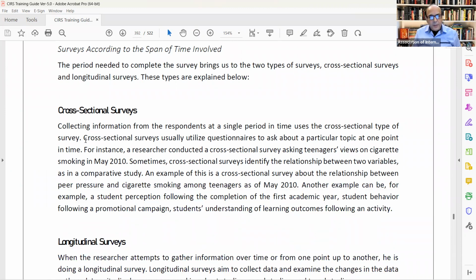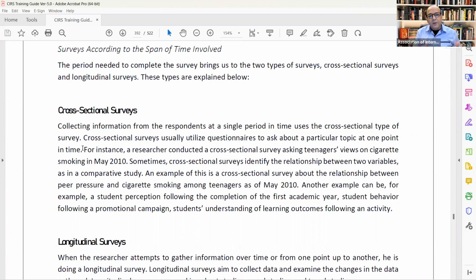Now, in cross-sectional surveys, you don't have to worry about the timing. Certain surveys require getting answers immediately, right away, without having to worry about how the situation might evolve later, where some of the questions would have to be changed.